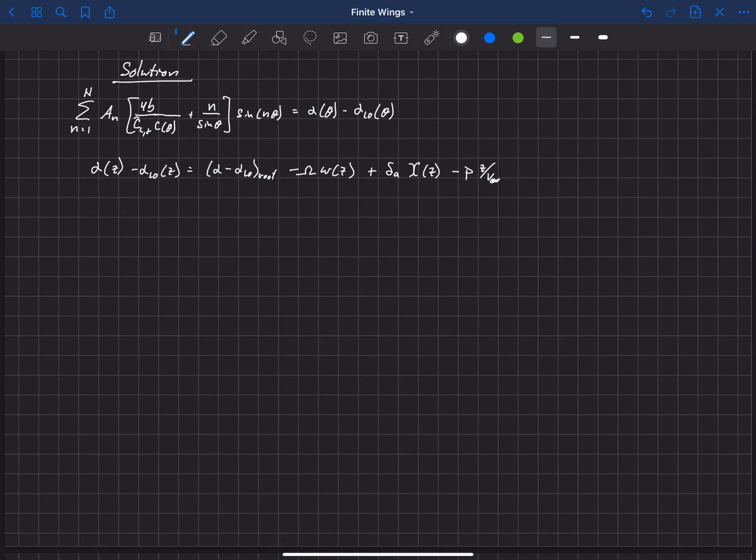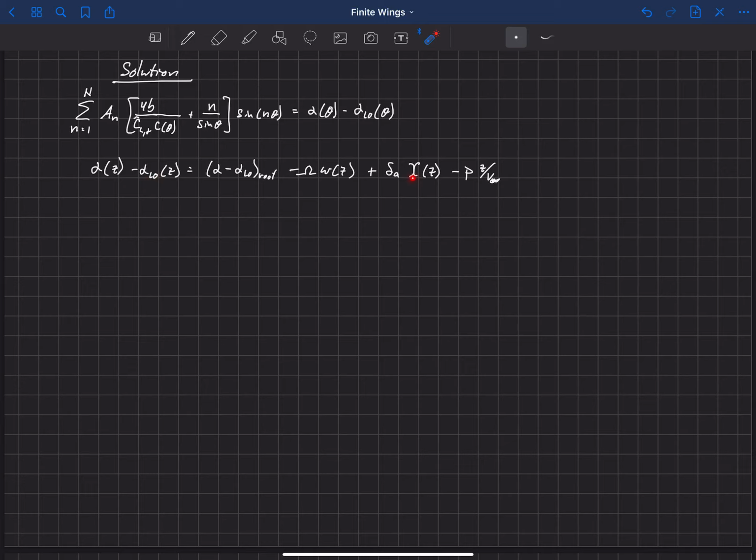And so these last two terms are our aileron term and our rolling rate term. These are basically how these two affect the alpha minus alpha L0 at any location. So if we have some aileron deflection, then that can change our zero lift angle of attack, for example.